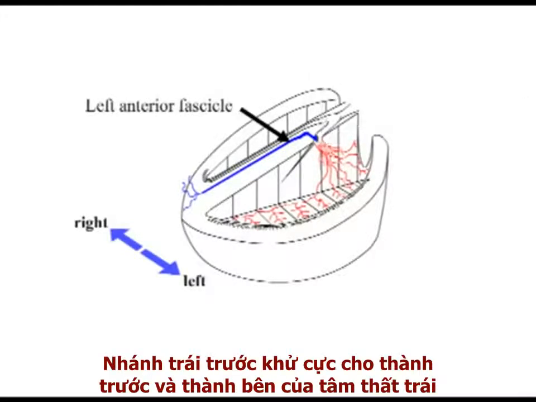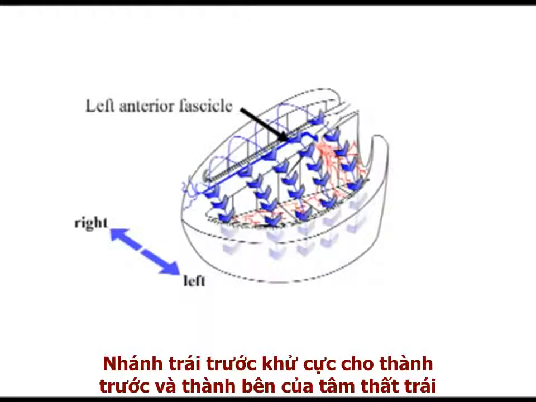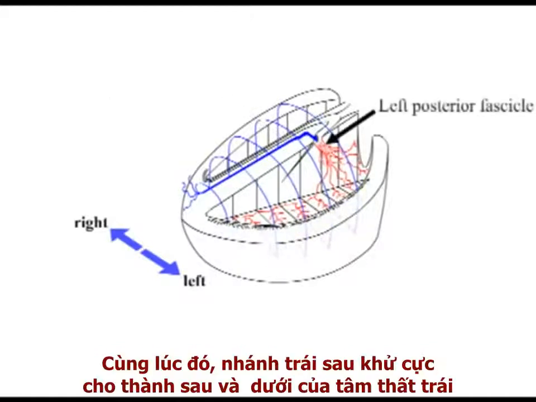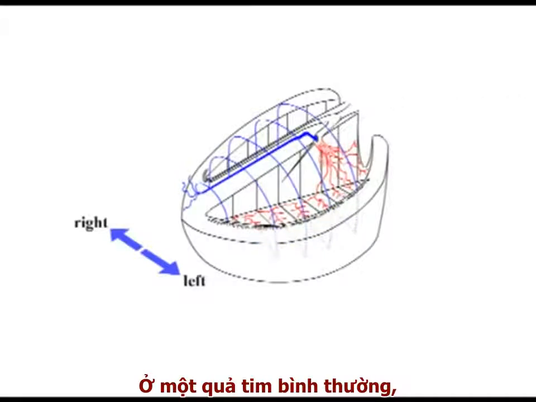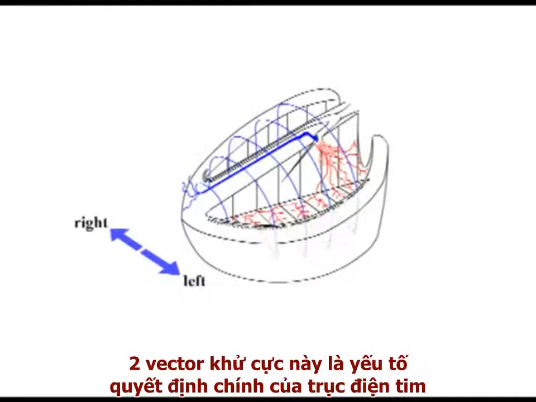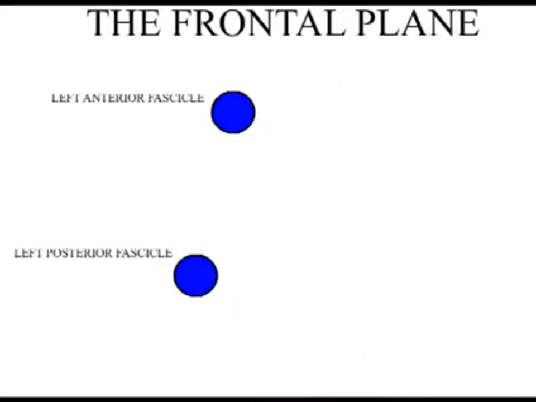The left anterior fascicle depolarizes the anterior and lateral walls of the left ventricle as shown here, while the left posterior fascicle simultaneously depolarizes the posterior and inferior surfaces of the chamber. In a normal heart, these 2 depolarizing vectors are the prime determinant of the cardiac axis.